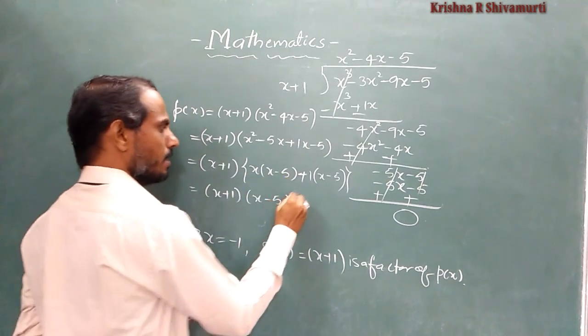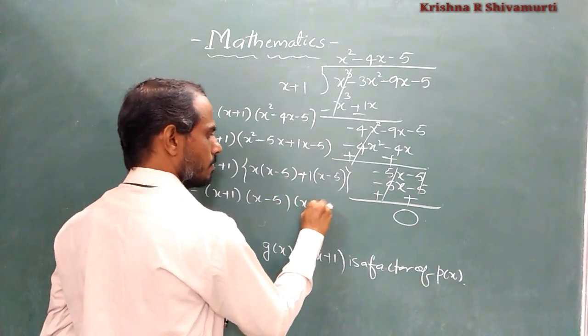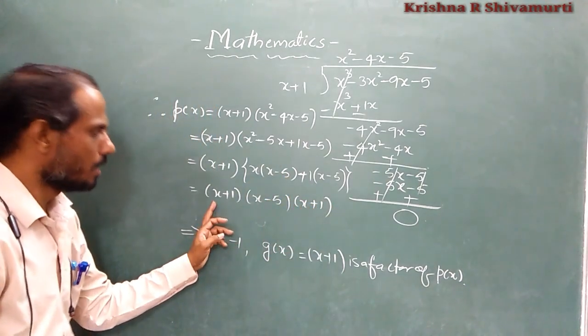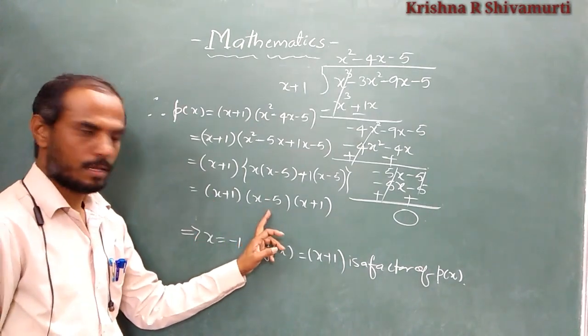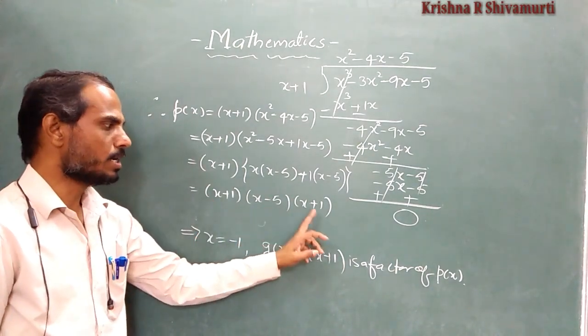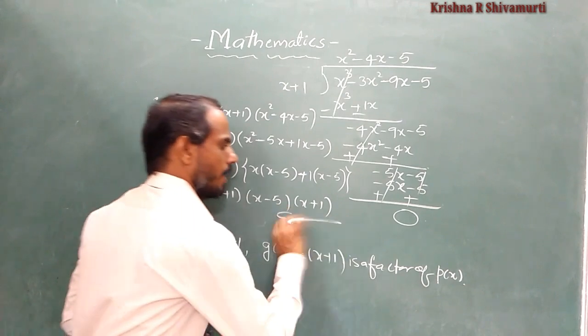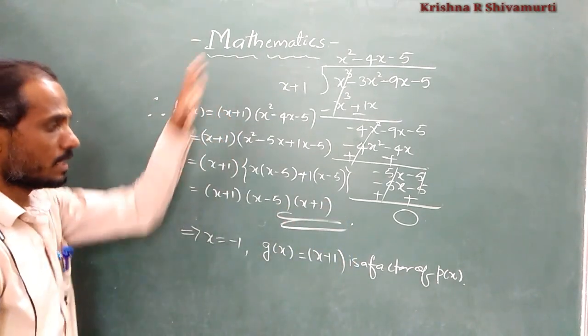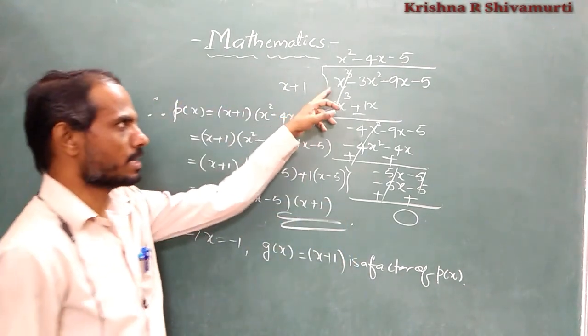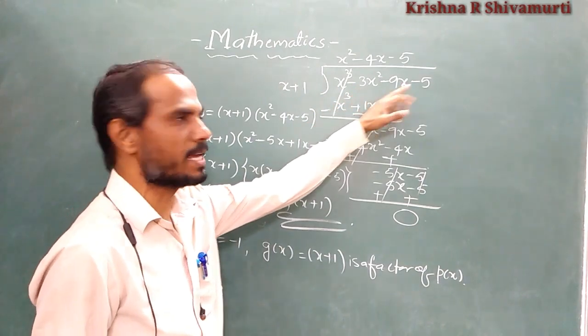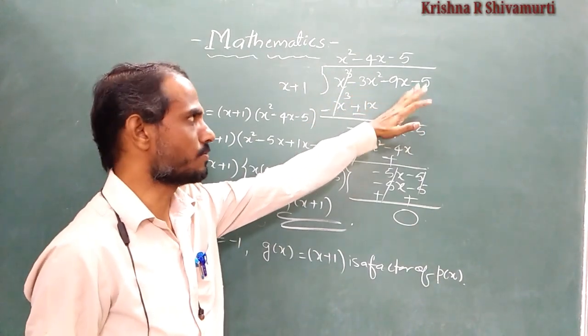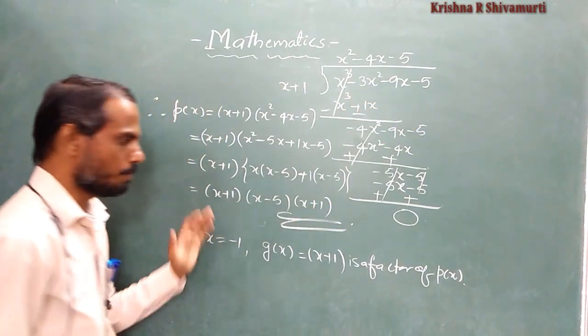What is left here? x plus 1. Okay students, now x plus 1 into x minus 5 into x plus 1 are the factors of the given polynomial x cube minus 3x square minus 9x minus 5. I hope you understood.